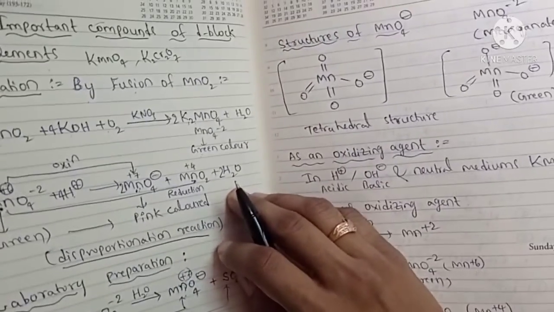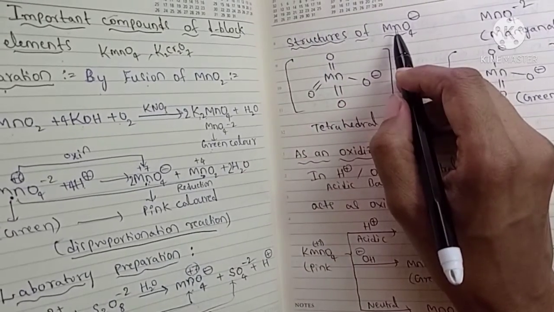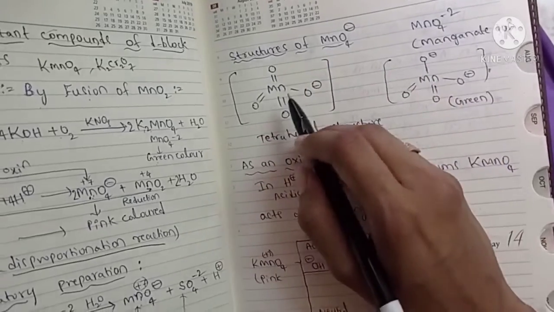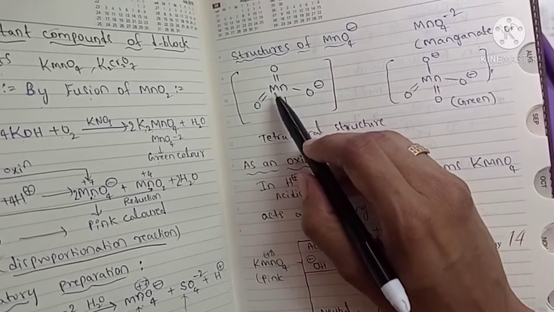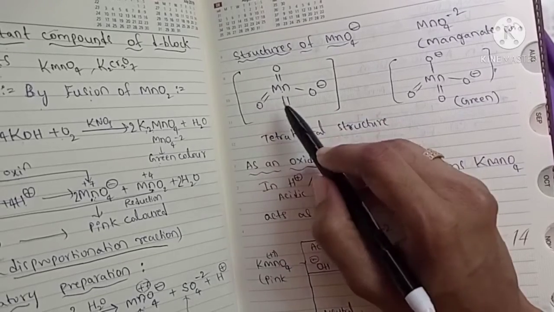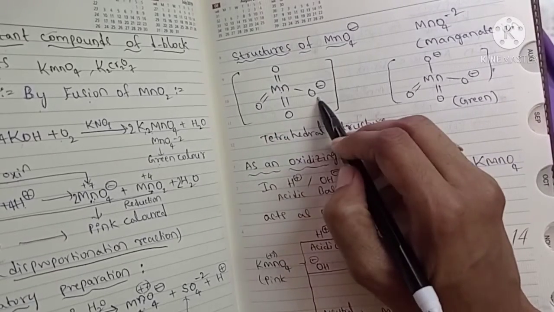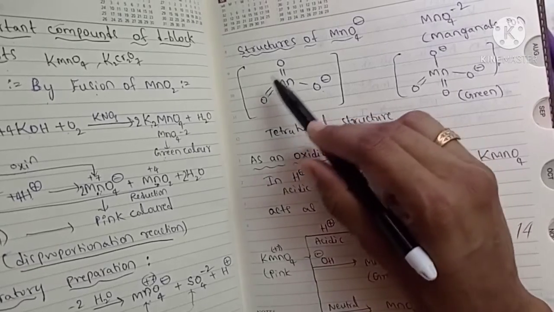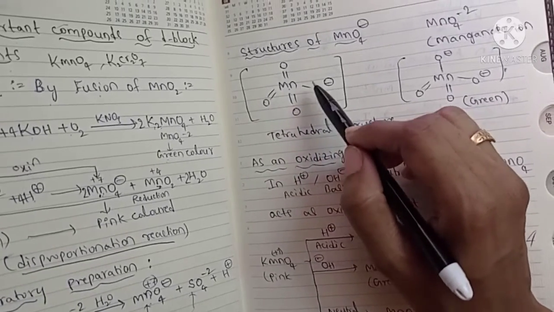And next, the structure of the permanganate ion. Manganese is the central atom, with double bond O, double bond O, double bond O, and O minus. So it is possible to undergo resonance structures.